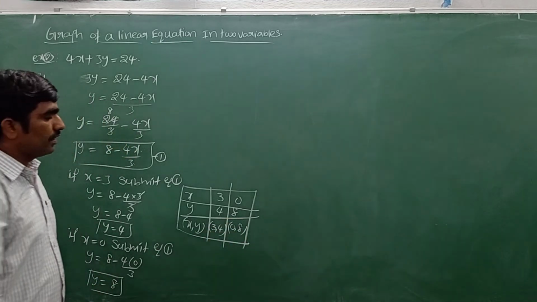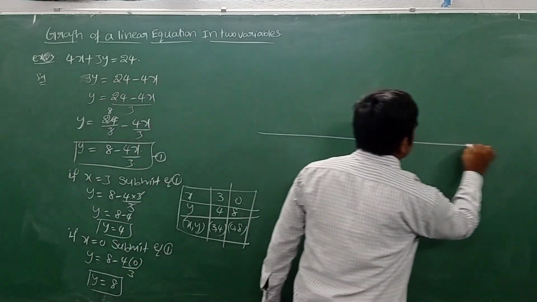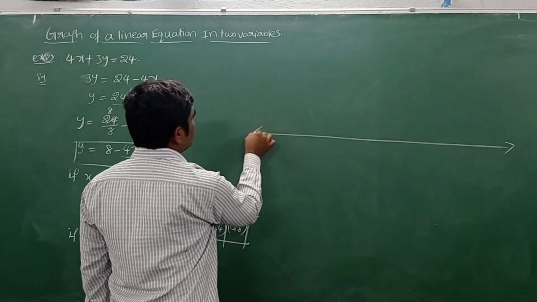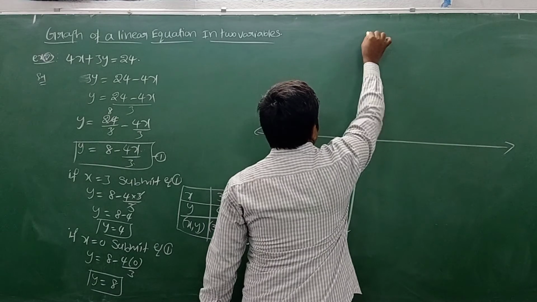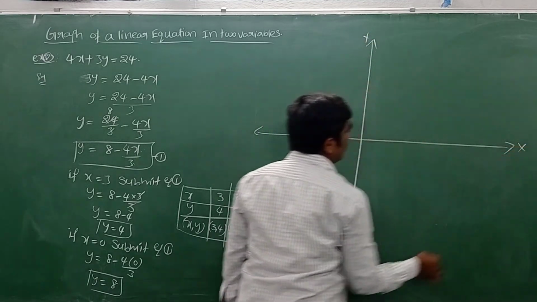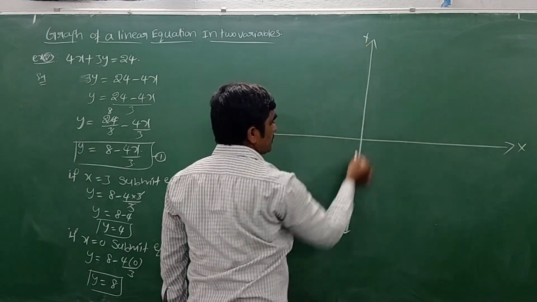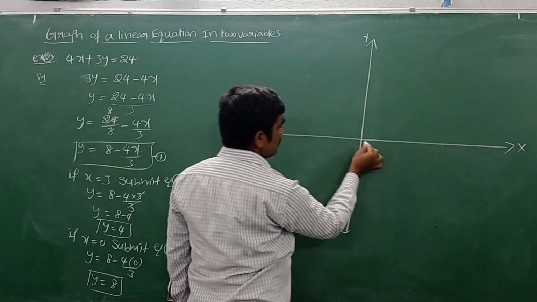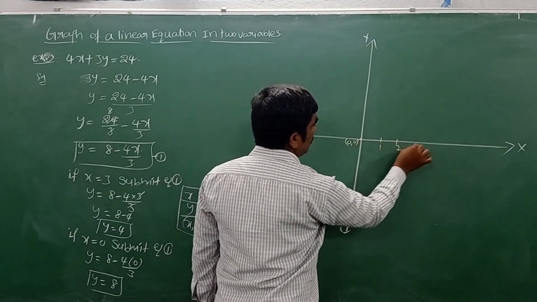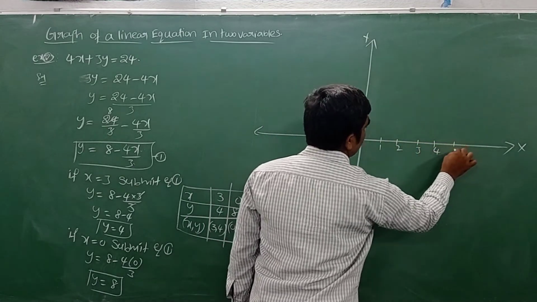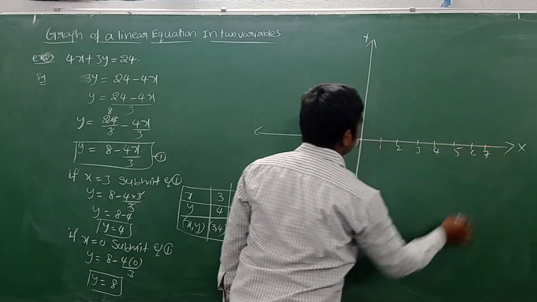Now take the horizontal line, I mean the x-axis, and also the y-axis to draw the graph. The vertical line is the y-axis, the horizontal line is the x-axis, and the intersecting point is the origin (0, 0). So let me take 1, 2, 3, 4, 5, 6, 7.